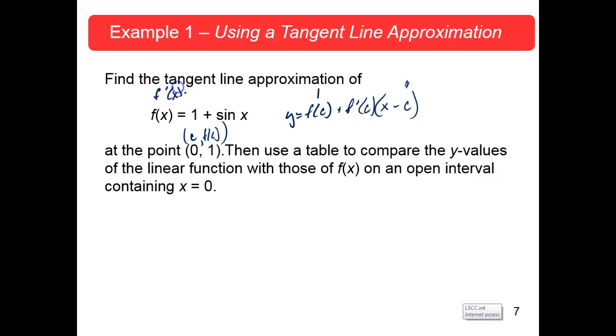F prime of x is equal to cosine of x, and when x is 0, f prime of 0 is cosine of 0, which is 1.